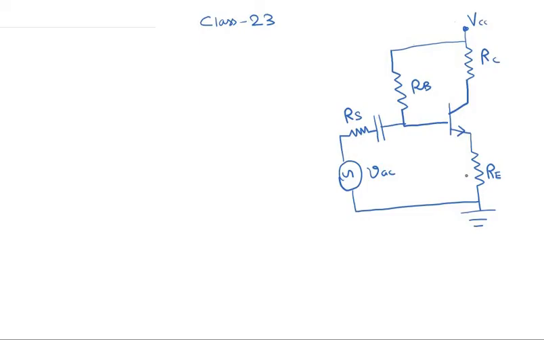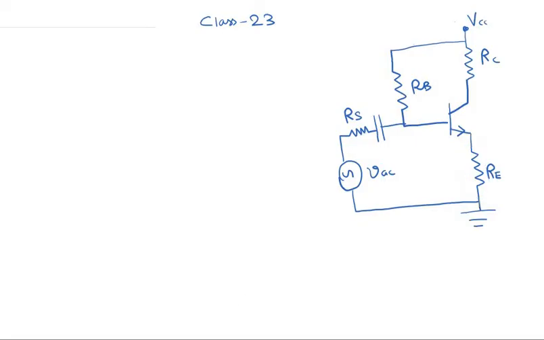Okay, now here there is this resistor RE, which is basically there to prevent drifting away of the Q point. Now we do not need this resistor RE in the AC path of the transistor, because this resistor RE is mainly present here to prevent the collector current from drifting away when beta of the transistor changes.